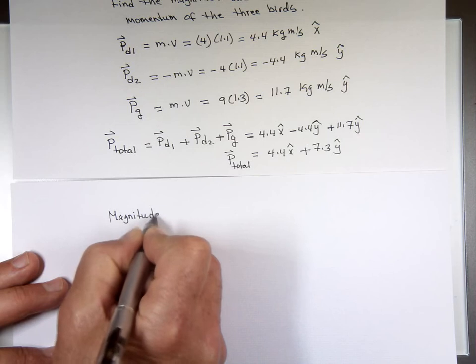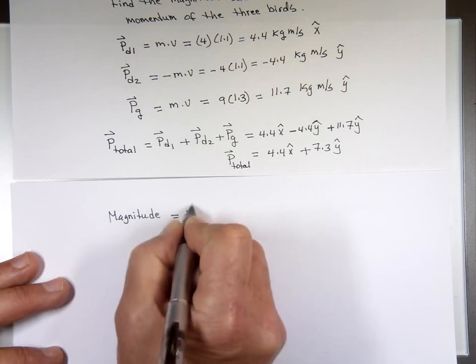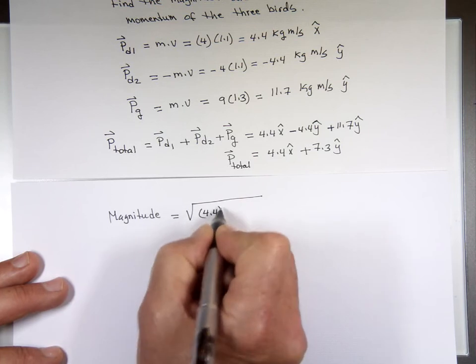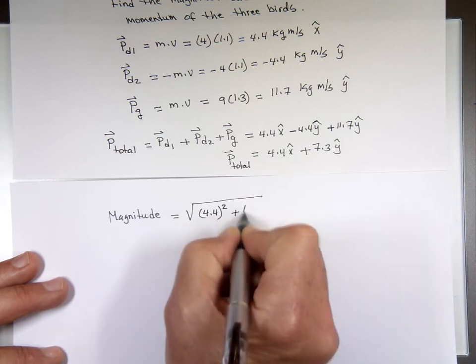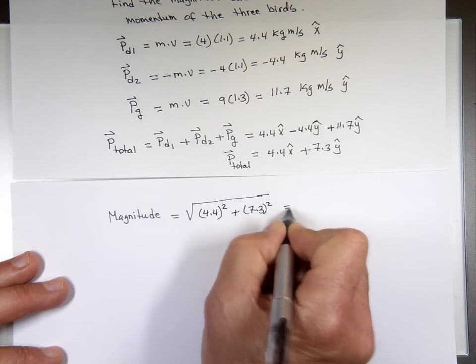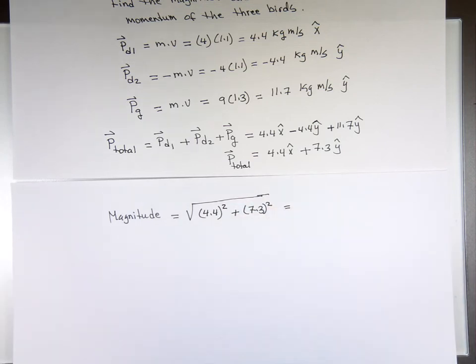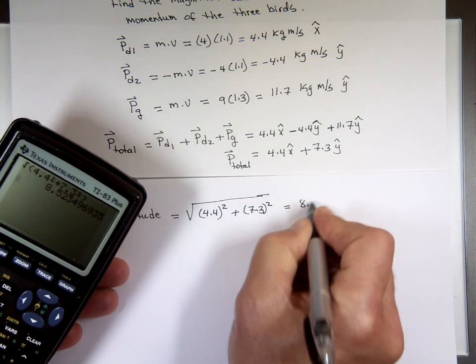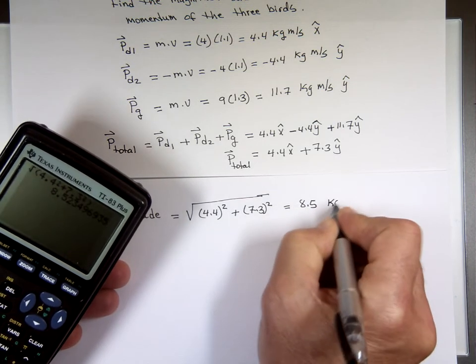It's going to be the square root of the x value squared plus the y value squared, .5 kilogram meters per second.